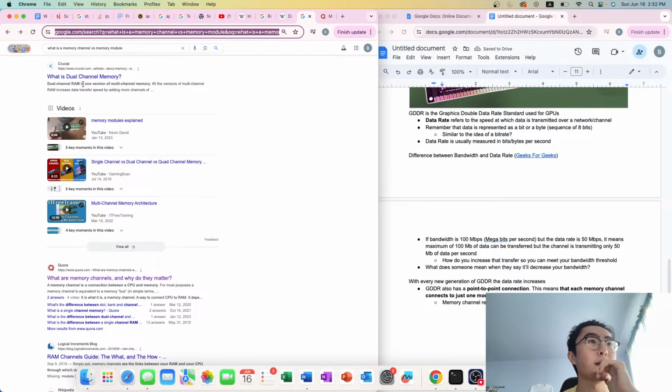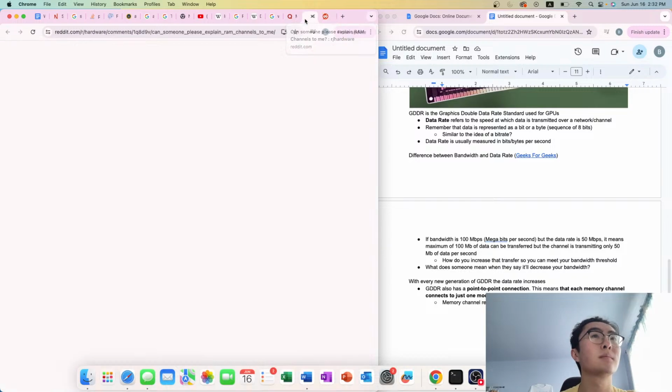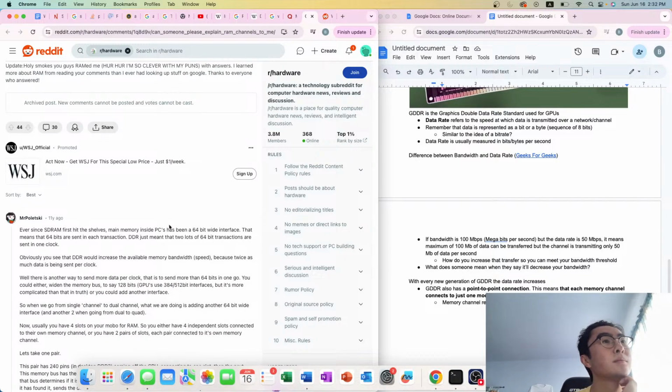Let me see if Reddit also has anything. Okay, so double data rate just means that you have two. So I guess you're doubling the amount of data that can be transferred.